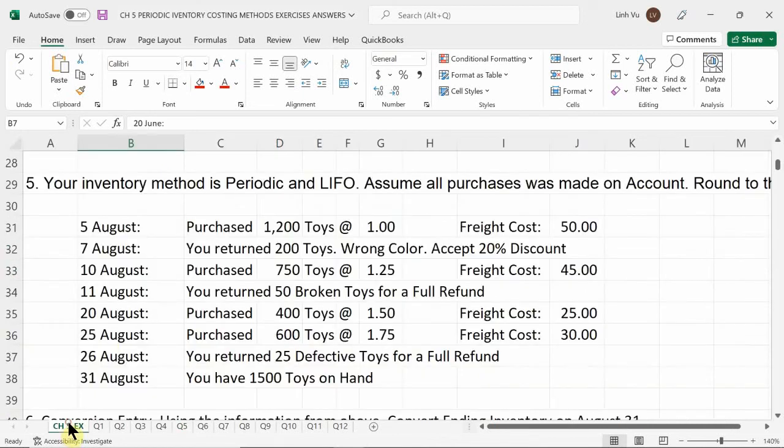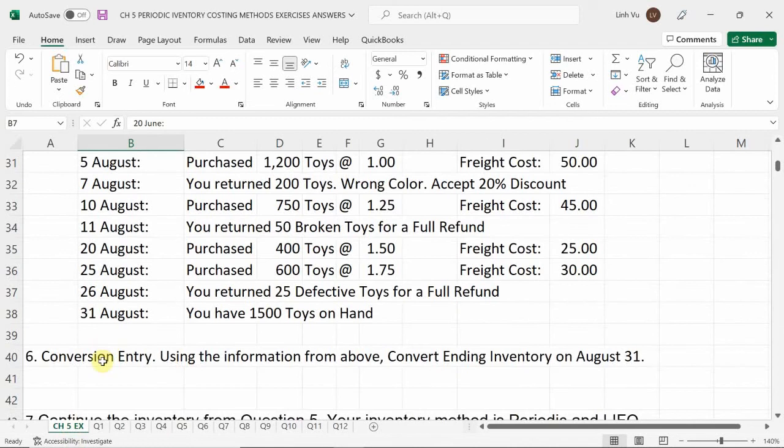So let's see what happened next. Then August 25th, we end up purchasing 600 toys at $1.75 with the freight costing you $30. So in this case, we have no returns for the purchase that I made on the 20th, but we still have to record that on the 25th, we purchased 600 units at $1.75 with the freight of $30.